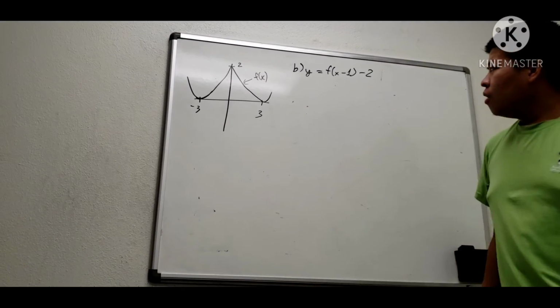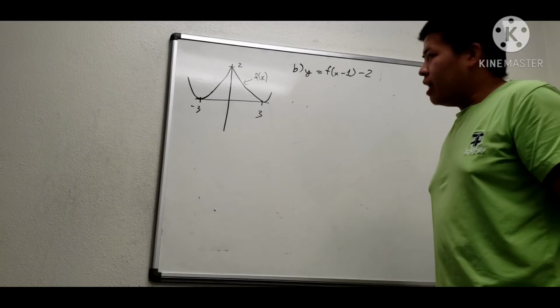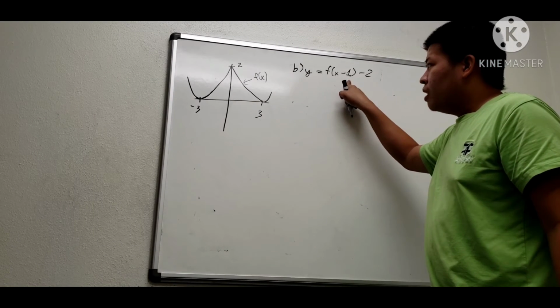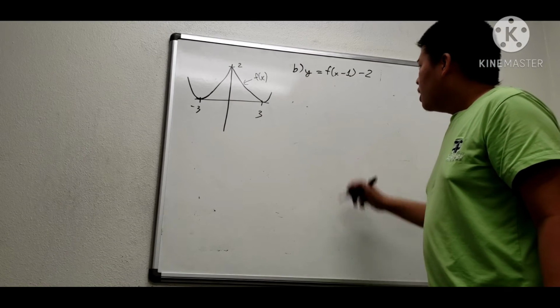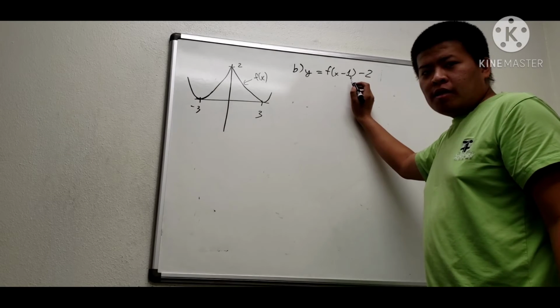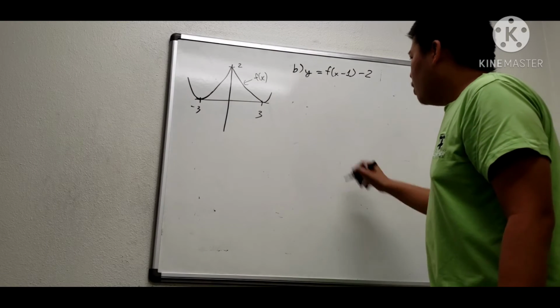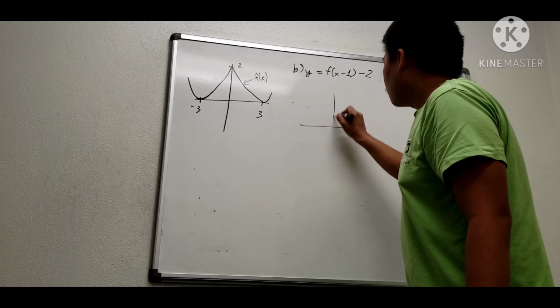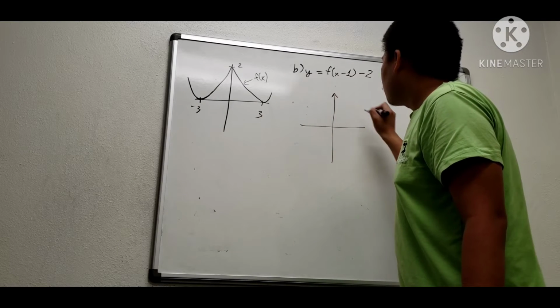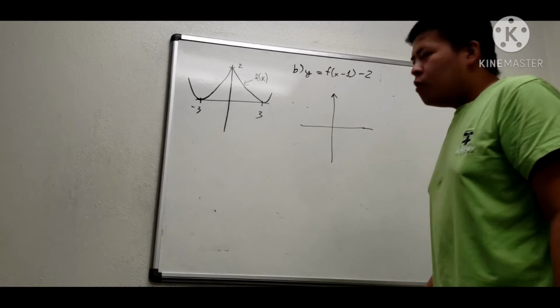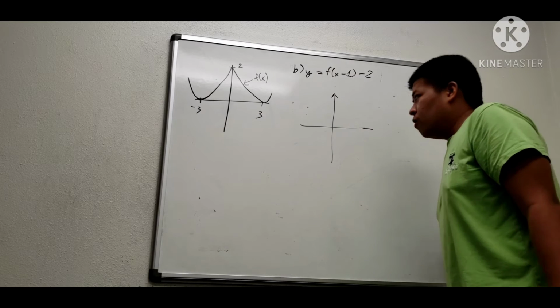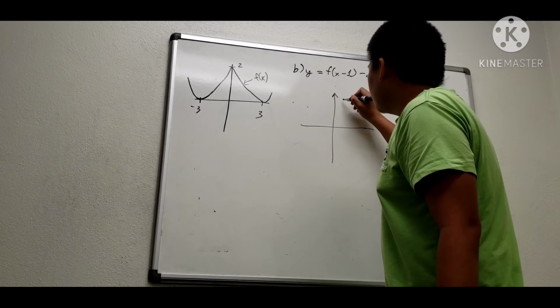The next one, we have the function f(x). Now we have the x minus 1 in here. So if we have the x minus 1 on the value, then we move to the right, so that we will have the function in here.